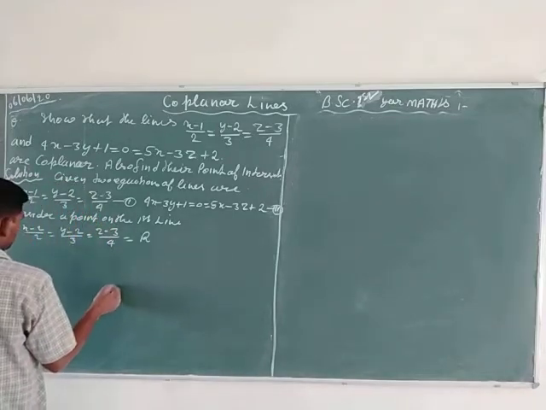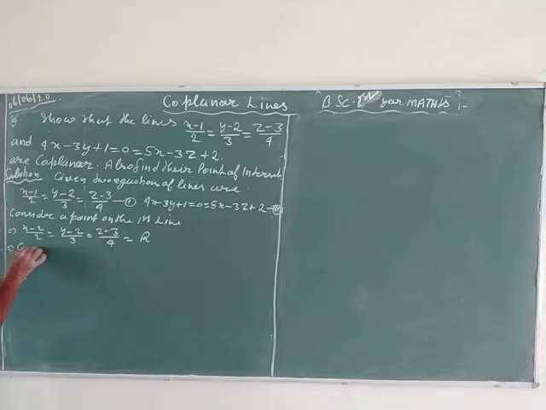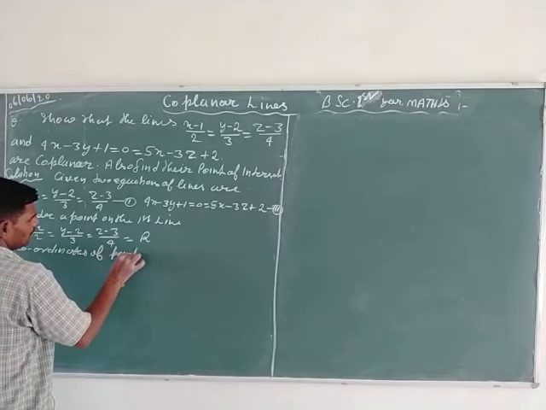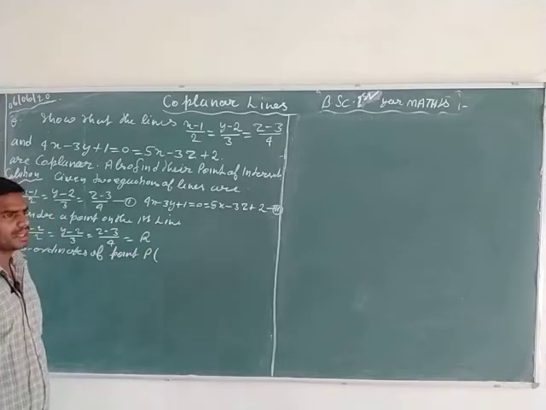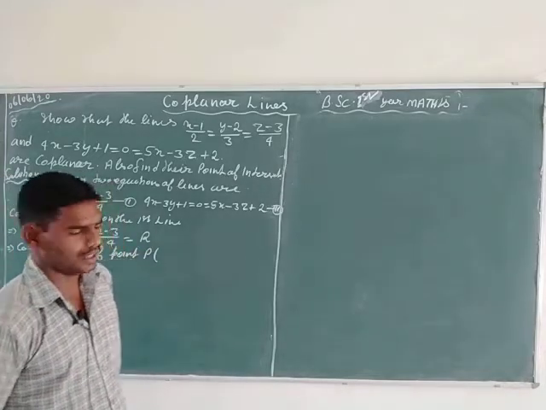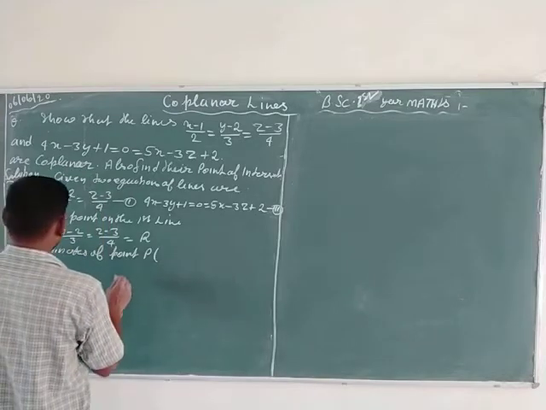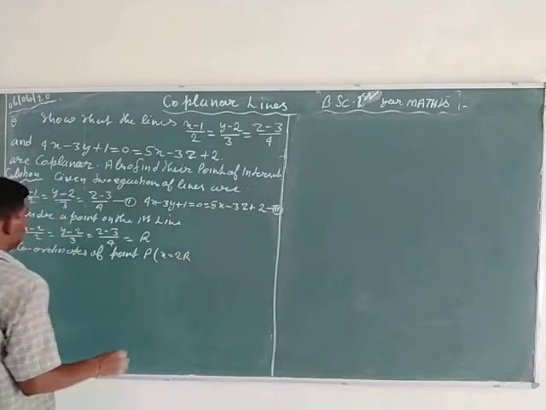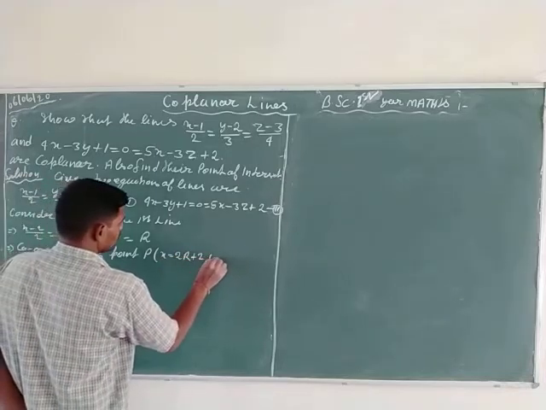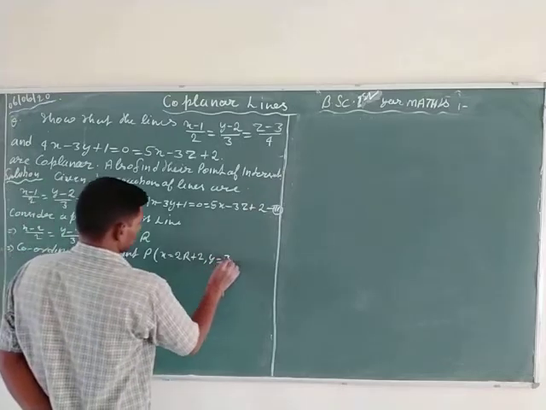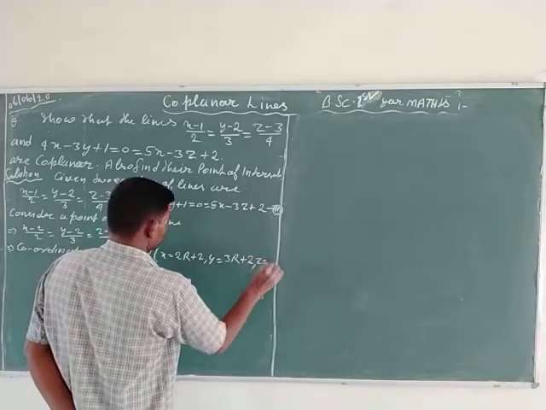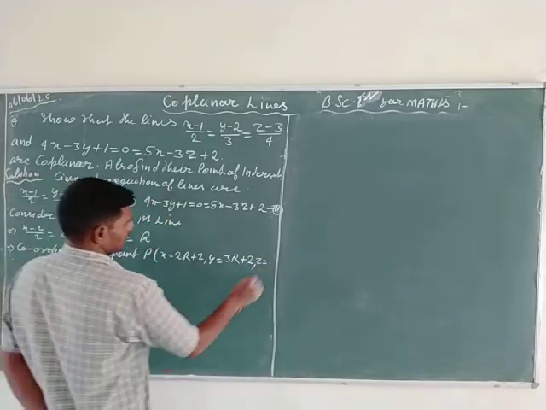So the coordinates of point capital P, suppose that capital P is the intersecting point of these two given lines: x is equal to 2r plus 2, y is equal to 3r plus 2, and z is equal to 4r plus 3.